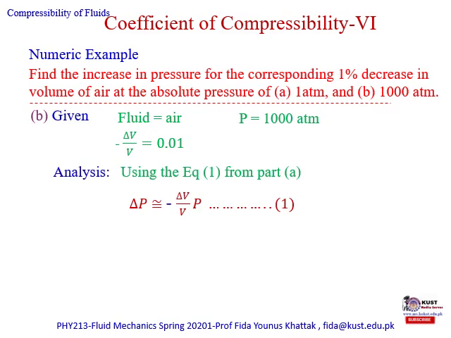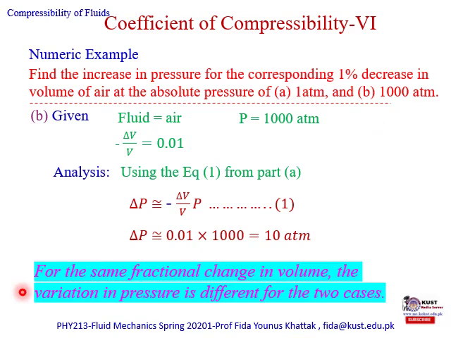Using equation 1 from the earlier slide, we have delta P approximately equal to minus delta V over V times P. Putting the values from the data, we get 0.01 times 1000 approximately equal to delta P, which is equal to 10 atmospheres. Now this pressure variation is a lot more than the change in pressure required in case the initial pressure was 1 atmosphere. For the same fractional change in volume, the variation in pressure is different for the two cases.